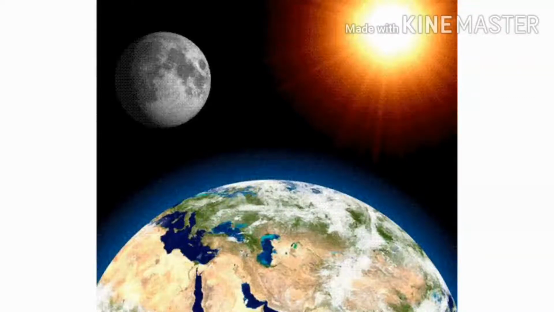The credit goes to the sun only. Yes, it reflects the light it receives from the sun. So the moon has no light of its own. That's why the moon is called a non-luminous body. We can see the moon because the sun's light illuminates it.